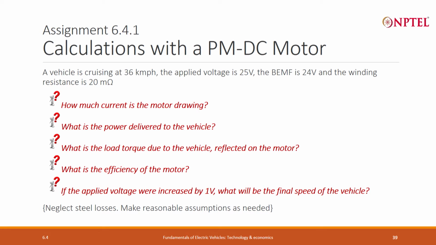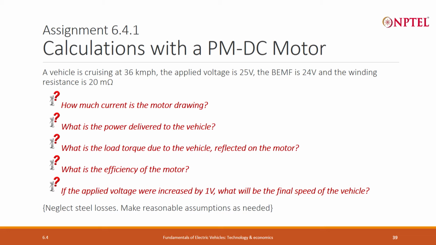What is the load torque due to the vehicle reflected on the motor? In mechanical engineering, we use this term reflected torque, because the actual torque at the vehicle will be something, but through the gearbox, which is doing a torque multiplication, finally the torque that needs to be delivered by the motor to apply the torque required at the vehicle is called the reflected torque.